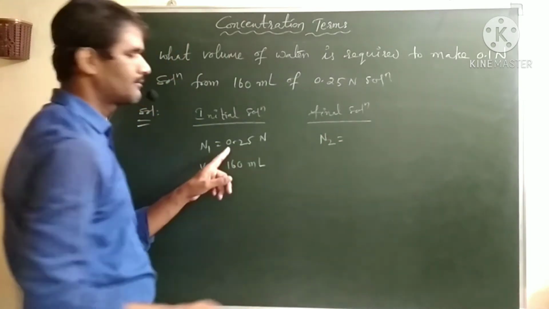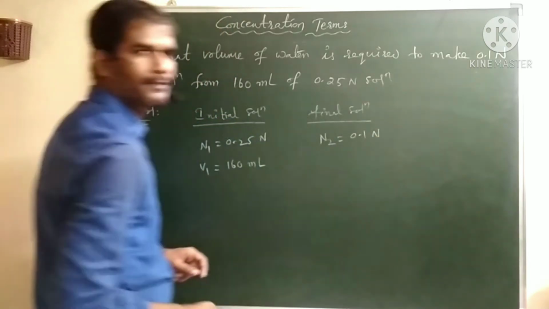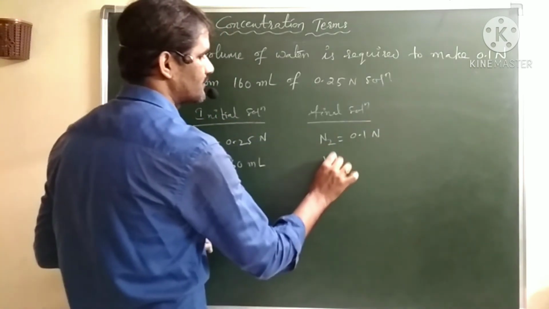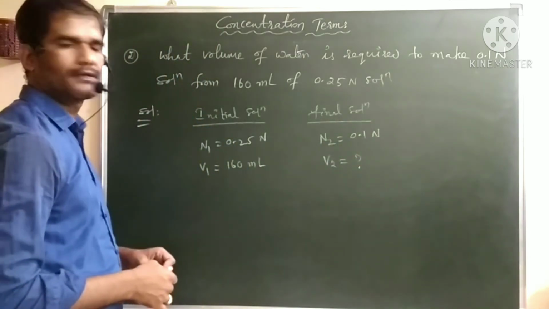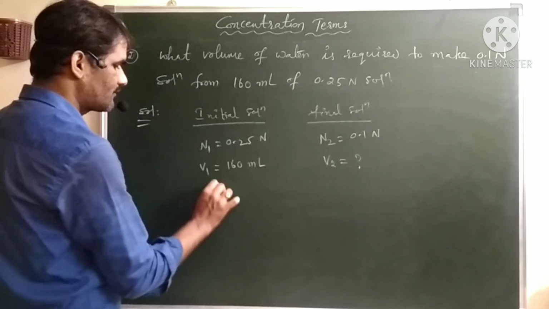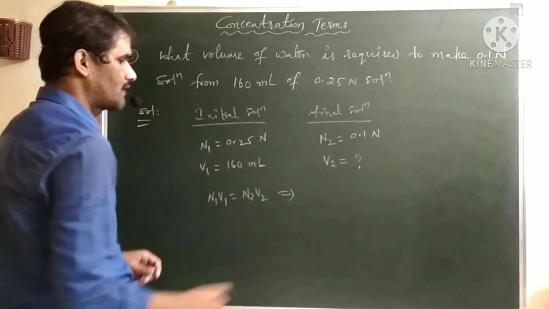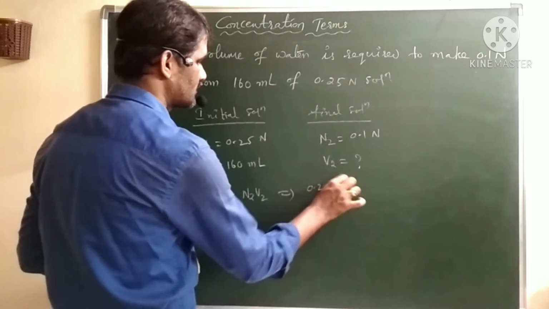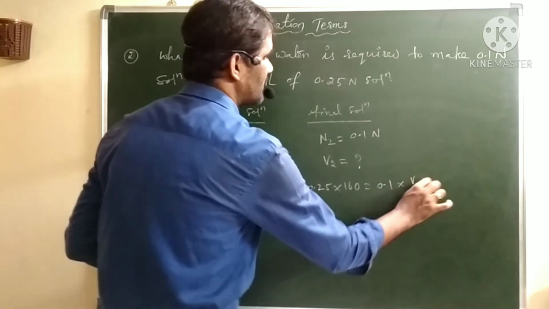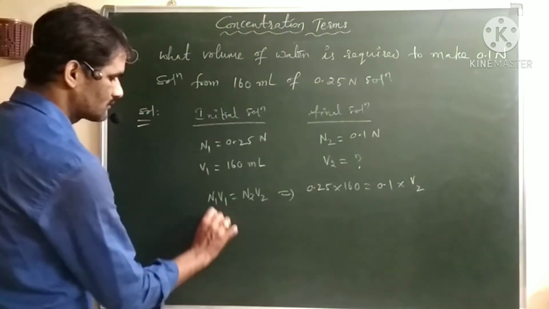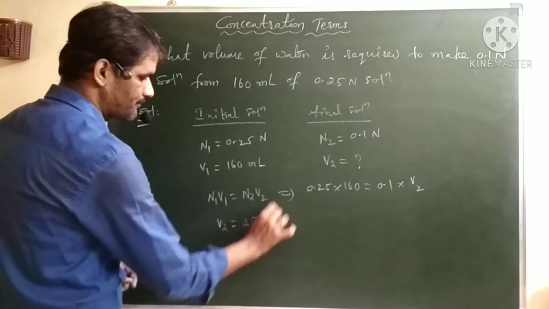It is changing from 0.25 normal to 0.1 normal. Then how much water do we have to add? First of all, what is the final volume? Here again the formula N1V1 is equal to N2V2. N1 is 0.25, V1 is 160, N2 is 0.1 and V2 is unknown. Then we get V2 equal to 400 ml.